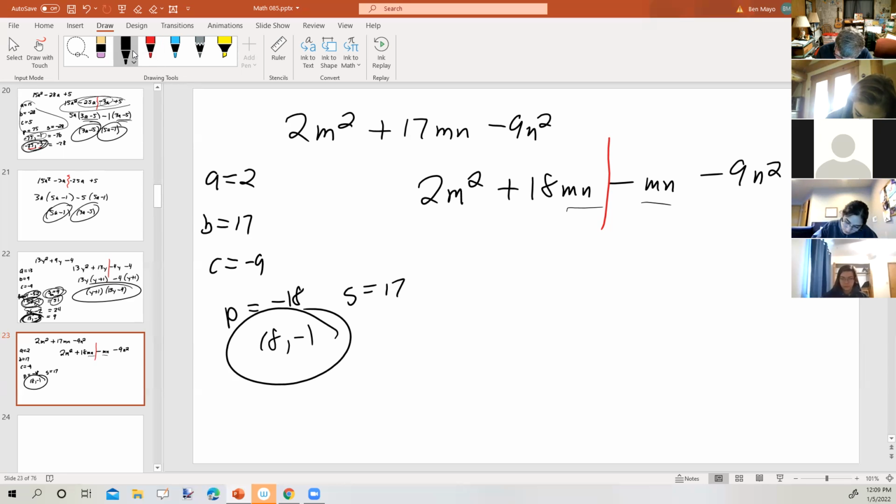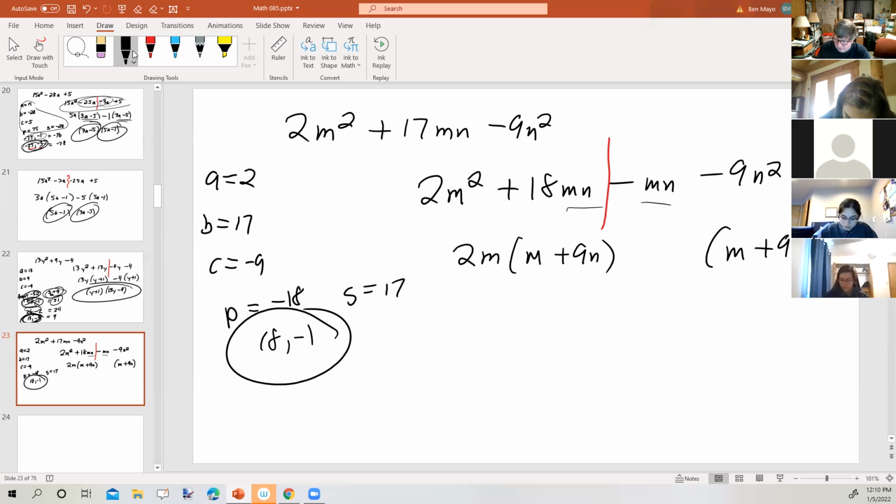Greatest common factor of the first two terms is 2m. Leftovers is m plus 9n. And out in front, I'm going to get minus n, which gives me minus mn minus 9n squared.